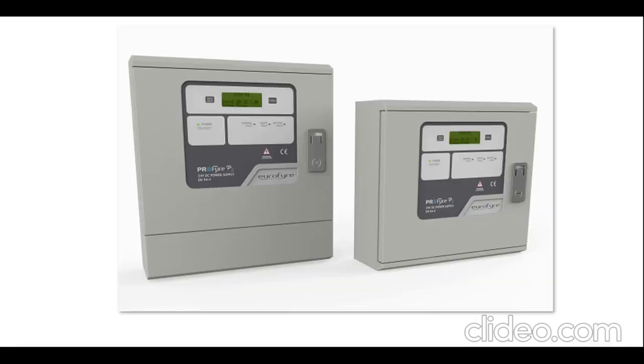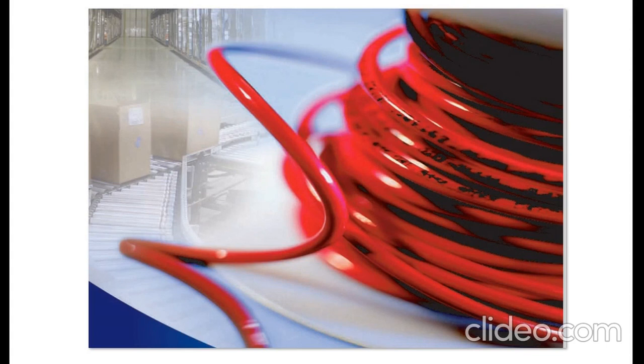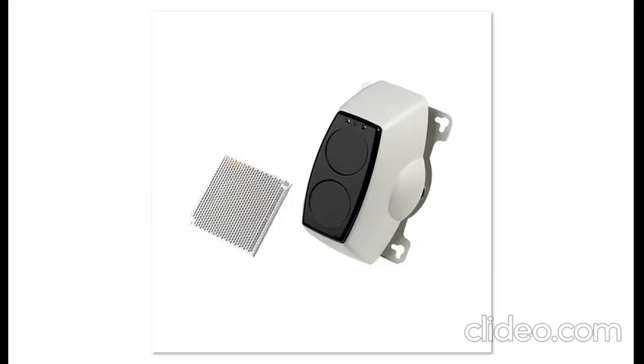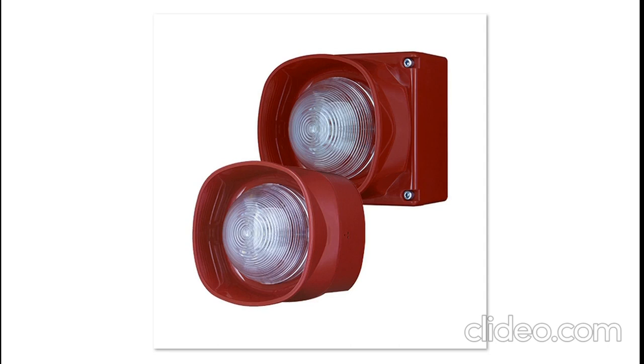So detectors are just devices that automatically sense fire or smoke and cause the fire alarm panel to signal and send out an alarm. That's basically what a detector is.